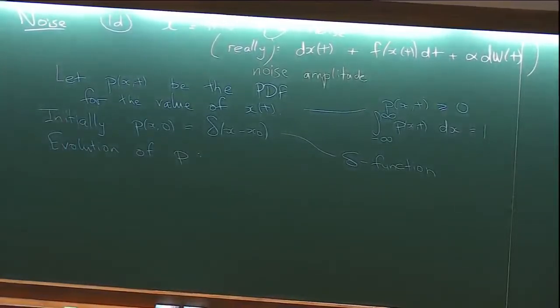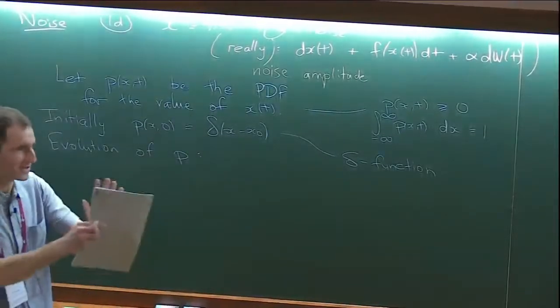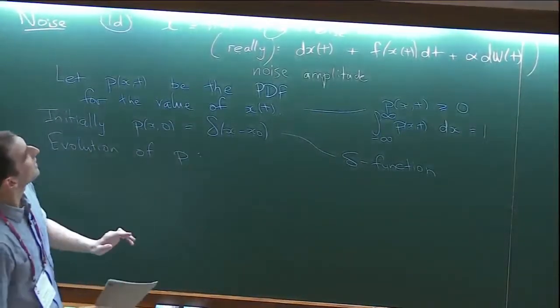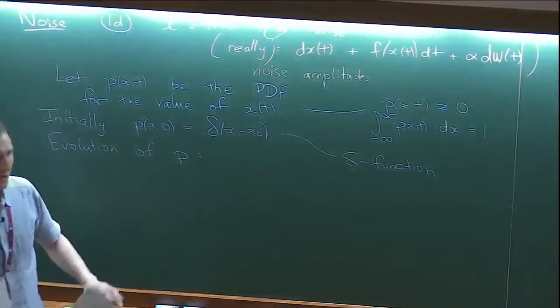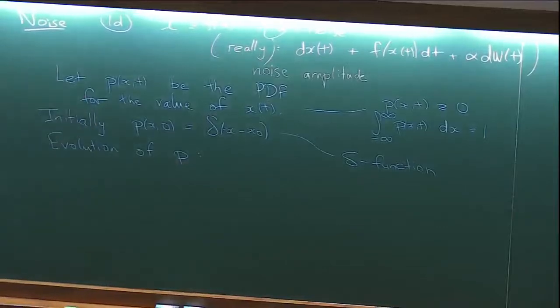And what we'd like to know is how P evolves with time. So initially we've got a delta function, infinitely steep. And as time evolves, what happens?